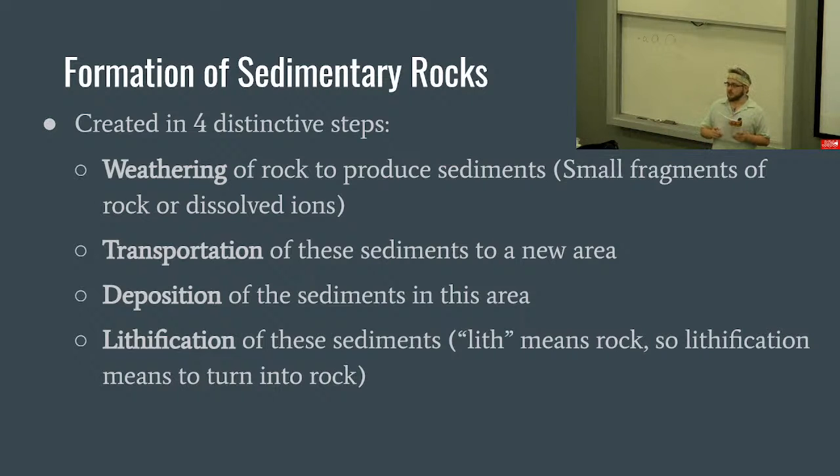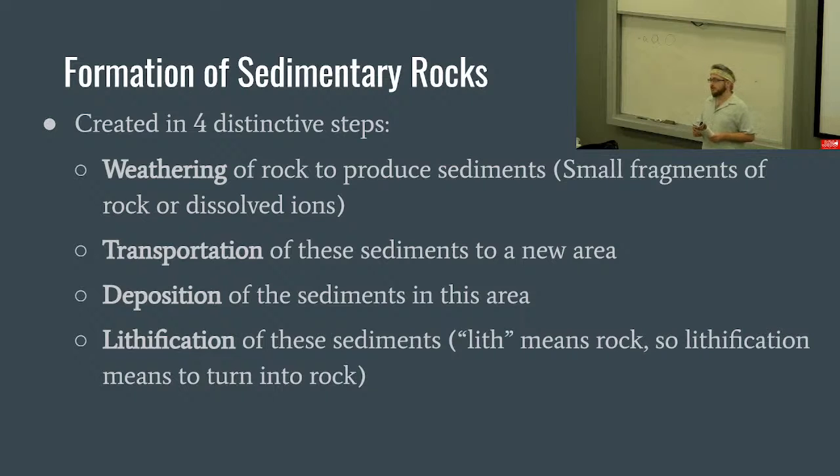Deposition essentially happens when the water or whatever is carrying the sediments somehow stops, either by going from a river into the ocean where the water loses velocity, or into an ocean basin, or, in my limestone example, where the rainwater falls down and goes over some limestone to steal its calcium carbonate ions, it ends up somewhere else, and the water tends to evaporate away and leaves the calcium carbonate behind.